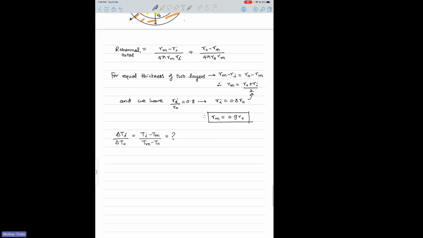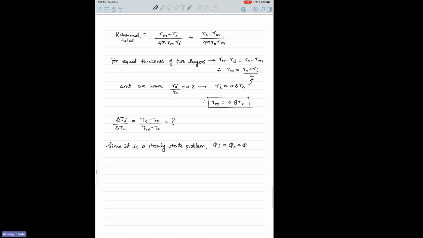Since it is a steady state problem, the Q flowing through the inner insulation will be equal to that through the outer layer. The heat flowing through each layer of the spherical cavity will be the same; otherwise it can't be a steady state problem.